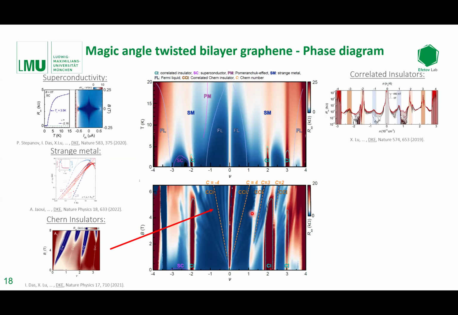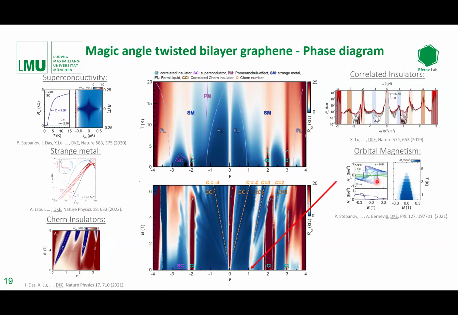You can see these features here highlighted in these orange lines. They have Chern numbers of 4 if they come from the charge neutrality point, Chern numbers of 3 if they come from filling factor 1, and so on. Those are understood as Chern insulators in the system, which also have quite larger gaps than, for example, traditional Landau levels in magnetic field.